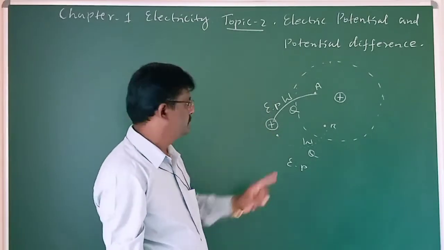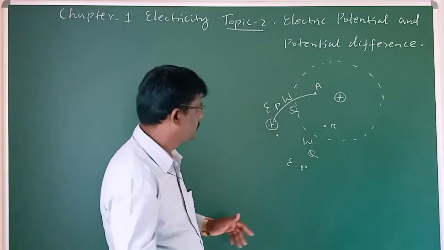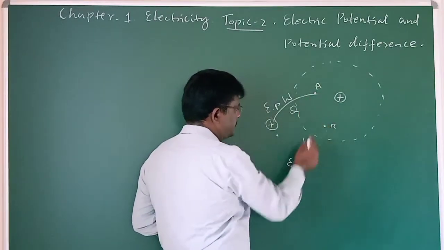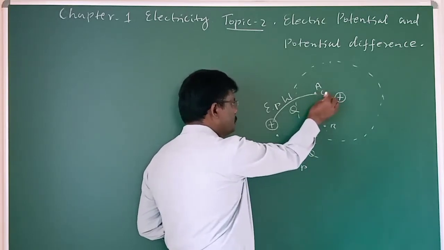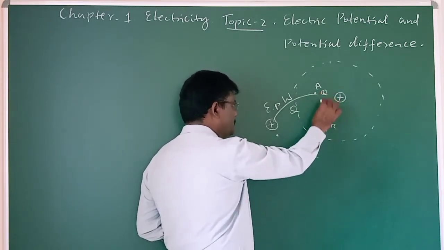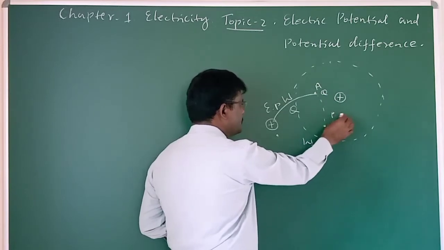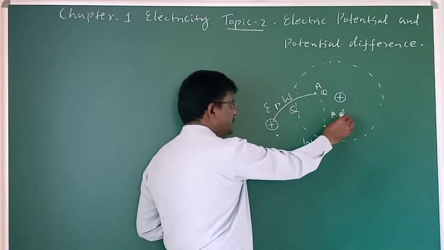That work done is what? Electric potential. Between these 2 points within the field, work has to be done to move a charge from this point to that point. That is a potential difference. I hope it is clear now.